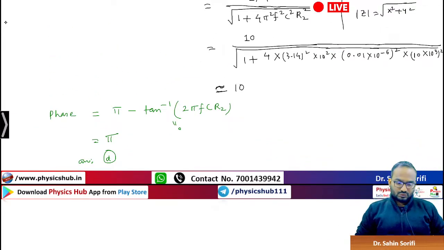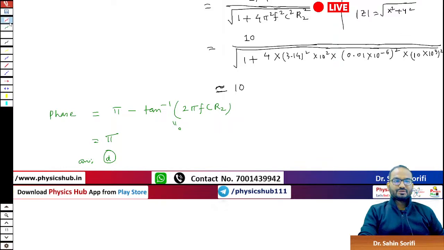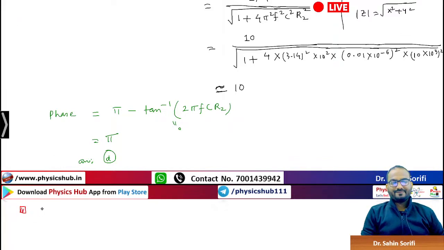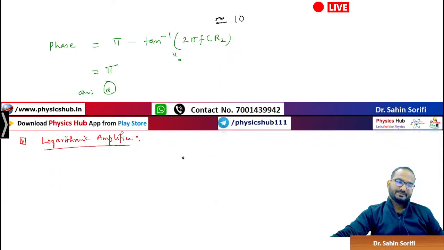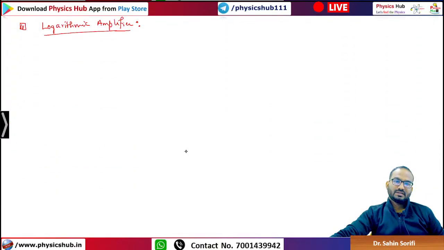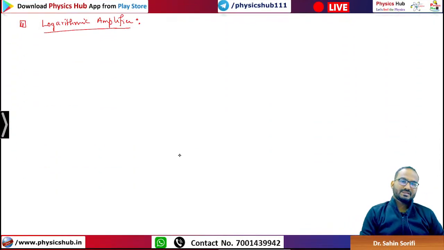आगे बढ़े दोस्तों, and we move forward. Let's talk about the logarithmic amplifier. What do we have in this logarithmic amplifier? In the logarithmic amplifier, the feedback resistor is replaced by a diode.